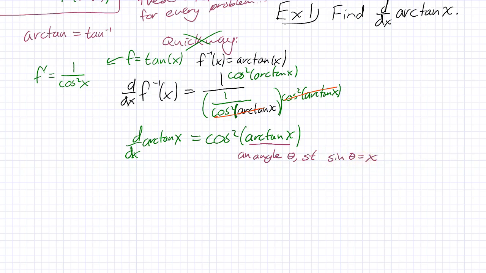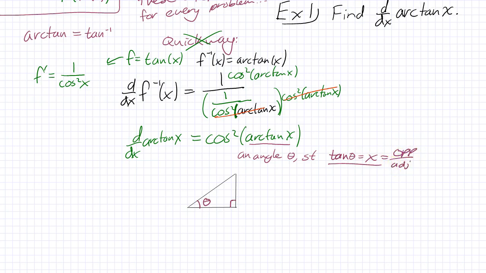So let's draw a right triangle with an angle theta, and we need to have the sides be some length so that when you do tangent of theta, whoops, so we need to make it so that tangent of this angle comes out to be x, which, remember, is just the opposite over the adjacent.